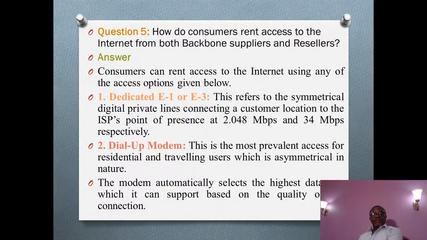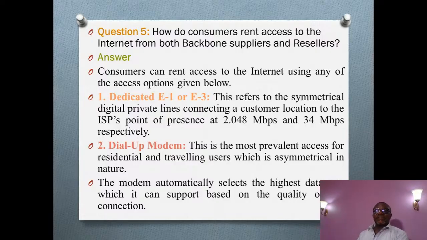So the second one is the dial-up modem. From the figure, we saw dedicated people, we saw dial-up people, and one of the ways to get access is by using the dial-up modem.